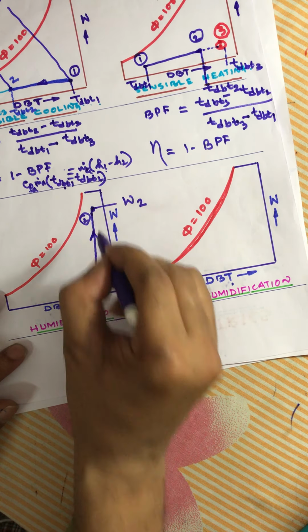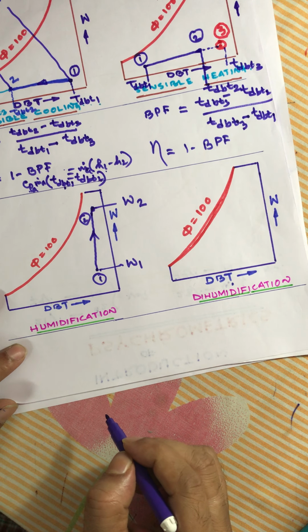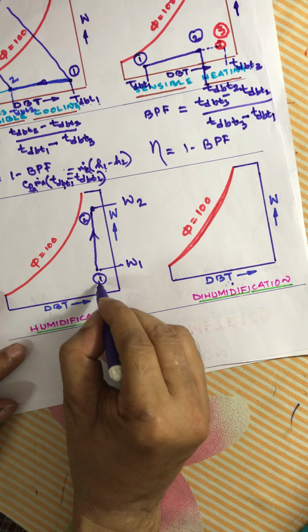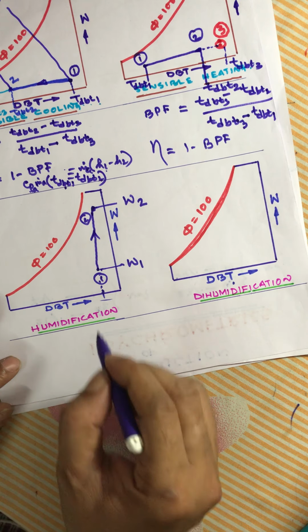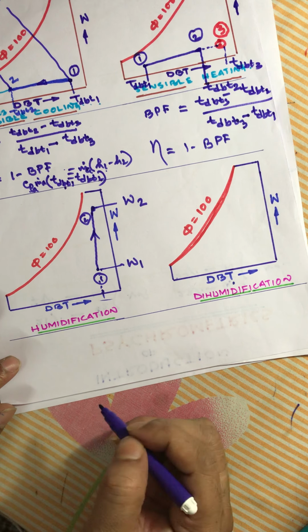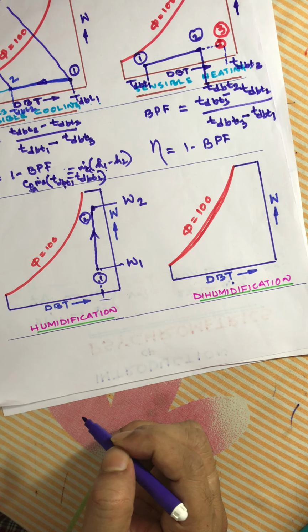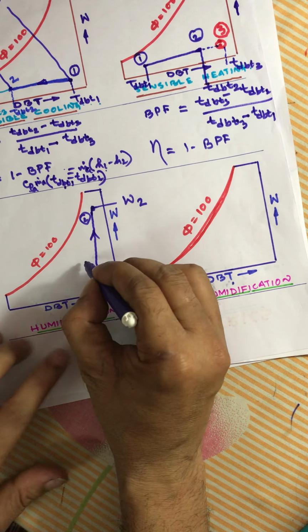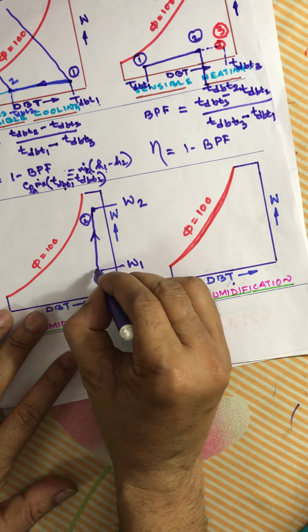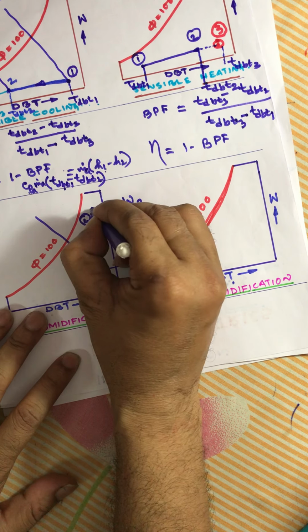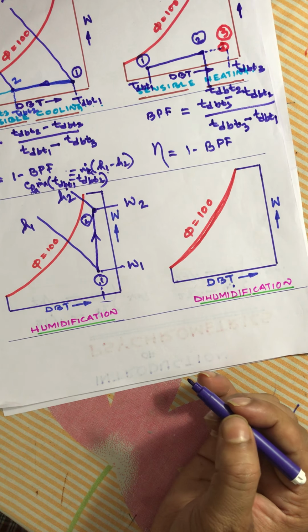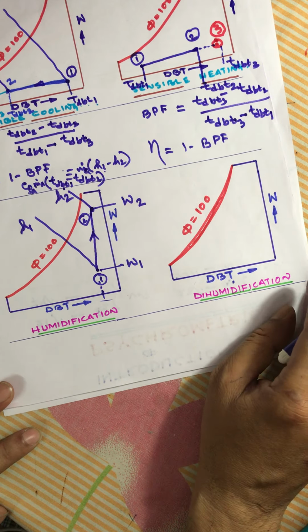So, this 1 to 2 process is humidification process at constant dry bulb temperature. Clear? That means at constant temperature we just increase the amount of water vapor in the mixture, and that is why the W will increase. So, how much energy we have to invest for having that effect? Similarly, we can get this. So, this is H1, this is H2, we can get this.